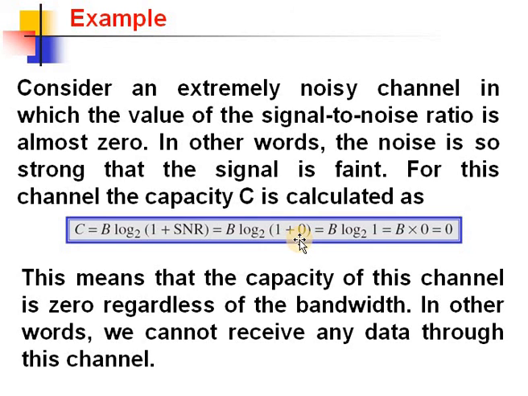So the channel capacity is calculated as 0, because according to the Shannon capacity formula, C is equal to B into log 2 of 1 plus SNR. We have taken the SNR value as almost 0, therefore log 2 gives 0. This means the capacity of the channel is 0 regardless of the bandwidth. In other words, you cannot receive any data through this channel.